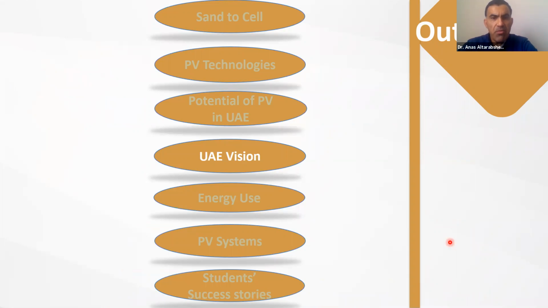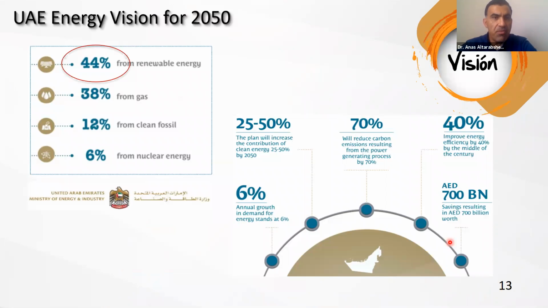Now, the UAE Vision here: in 2050, renewable energy should share about 44%. Okay. Now, from gas, it's going to be about 38%, while from clean fossil, about 12%, and from nuclear energy, 6%. Okay.